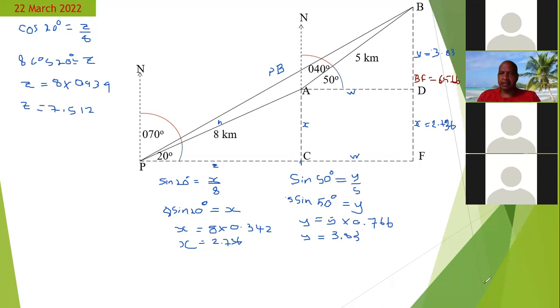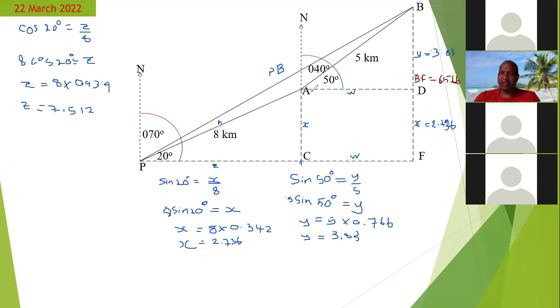Should I try calculating using X? No, you wouldn't be able to use X because X is not a part of that small right angle triangle up there. So you try to find CF. CF, right.